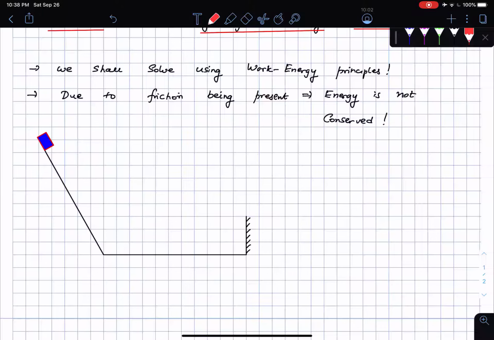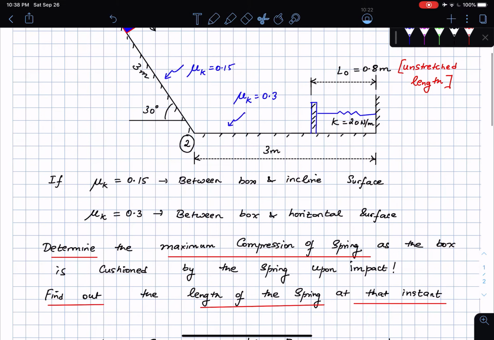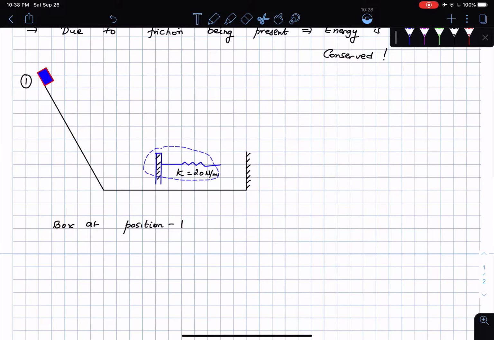This is position 1, the box at position 1. Then what else did I have? I had the spring element, right? I'm just going to copy that from here, because I don't want to do any extra work. So this is the spring element here.